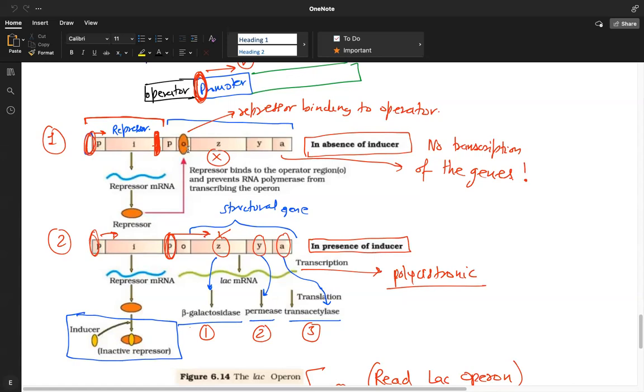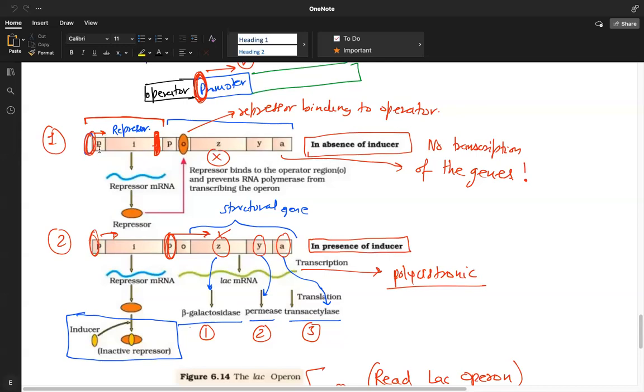This operator region is where a repressor protein can come and bind and keep the whole cassette in a repressed state. And this repressor is also encoded by a gene which is just adjacent to the whole operon.